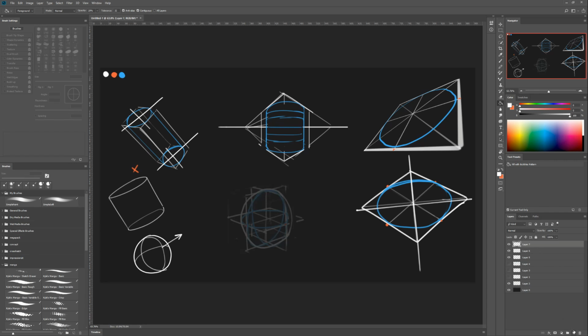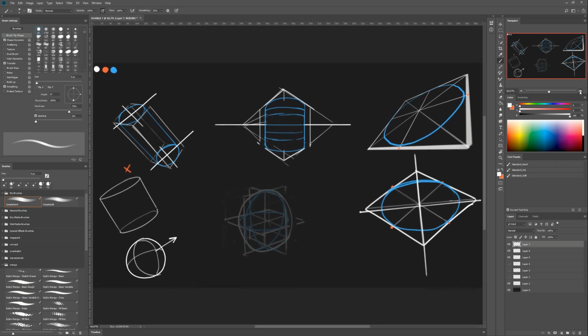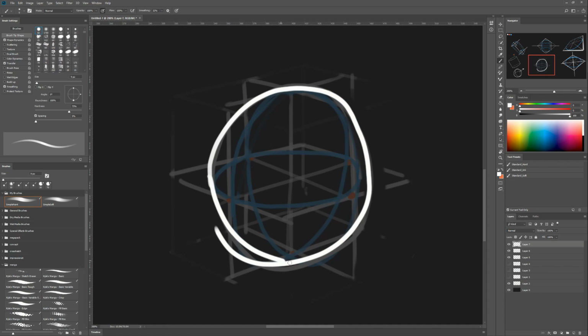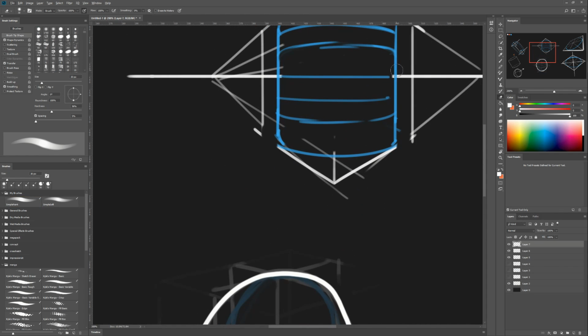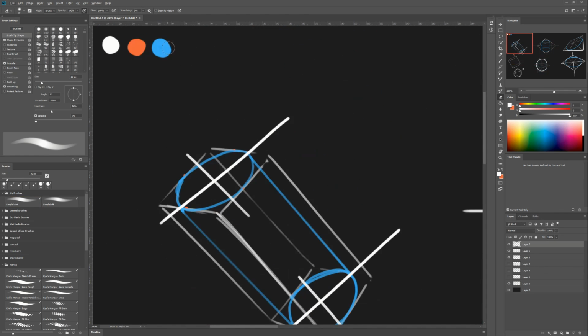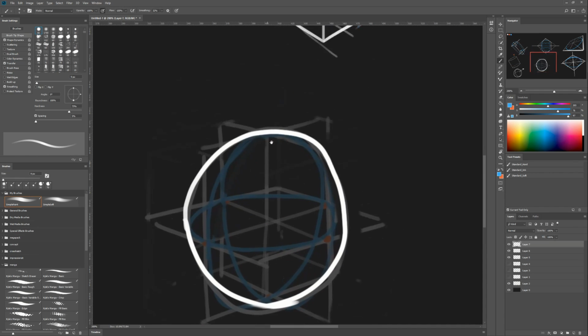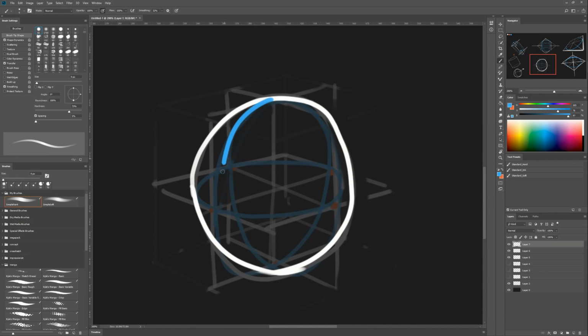We can now draw over it the important lines so that you can see that this actually makes sense. I will take a white color and go over the circle once. Well, sort of. And then to follow our blue lines, let's just get the blue color. The lines that we really need are the ones that are in the front, so I'll take this one.